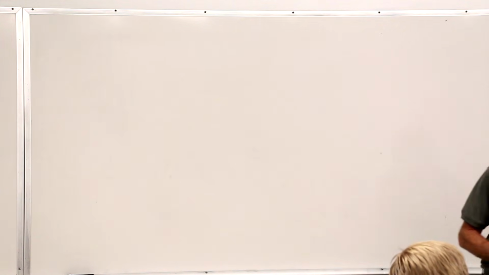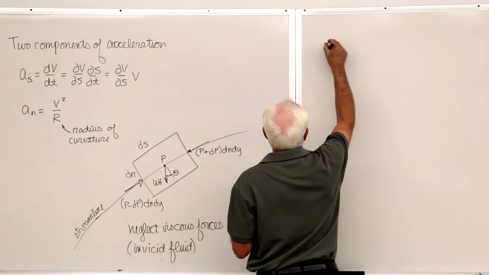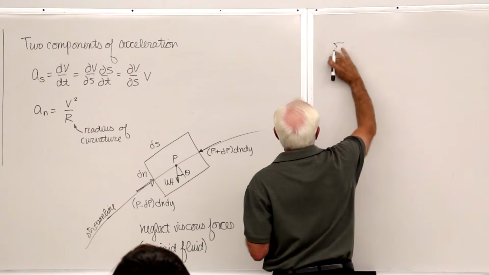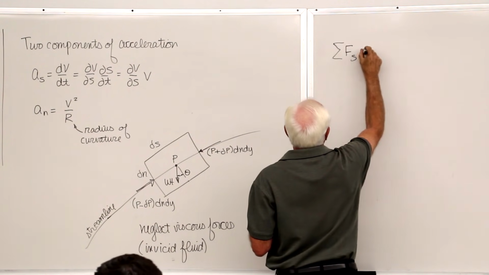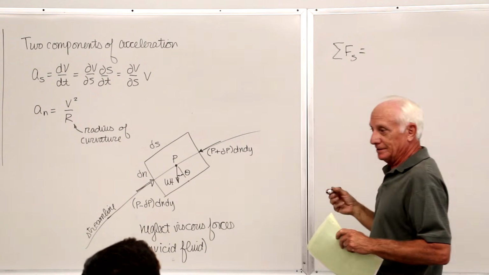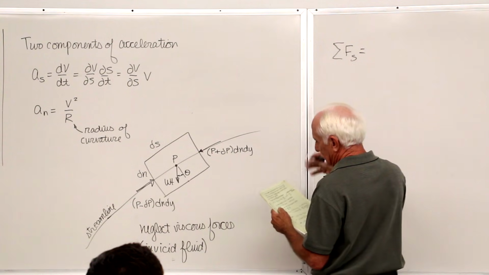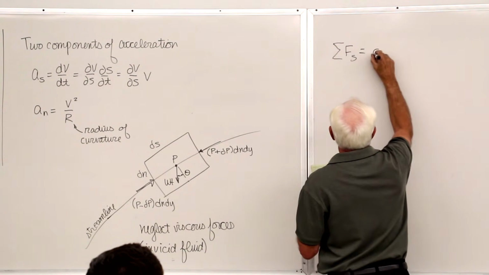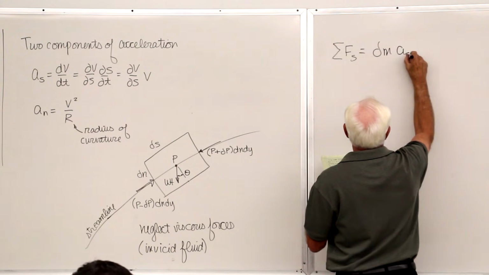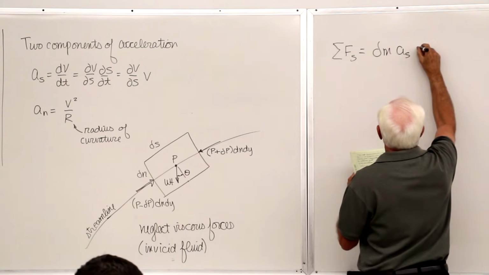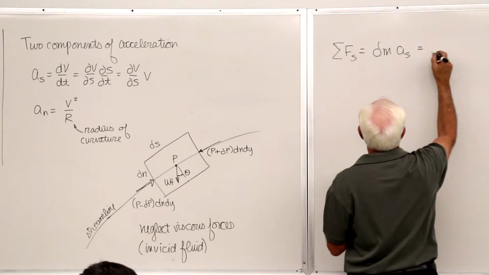All right, so let's write the sum of the forces in the S direction. And we have obviously two pressure forces, left and right. But we know when we do this summation of forces that it's going to be mass times acceleration. Let's put that down first. Mass times acceleration in the S direction is equal to acceleration in the S direction up there.